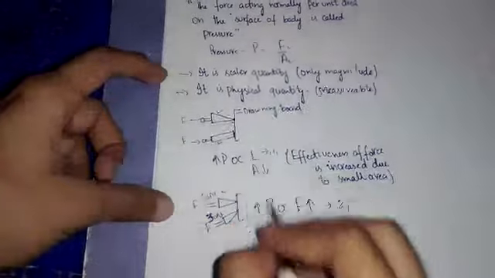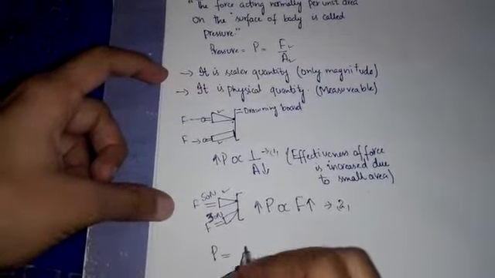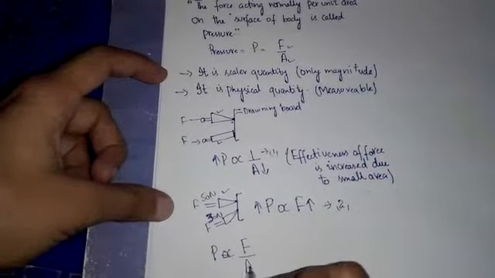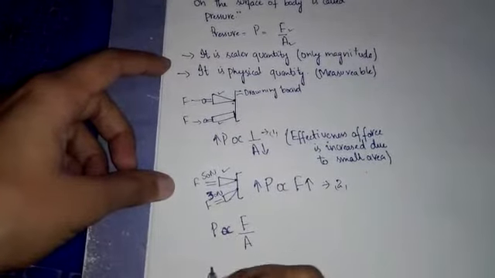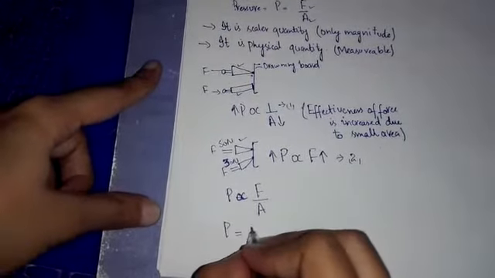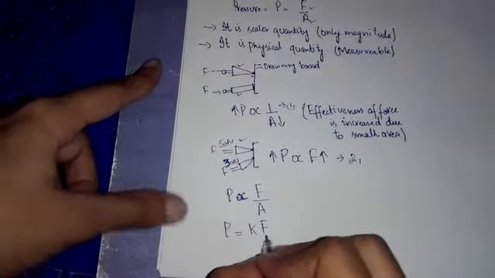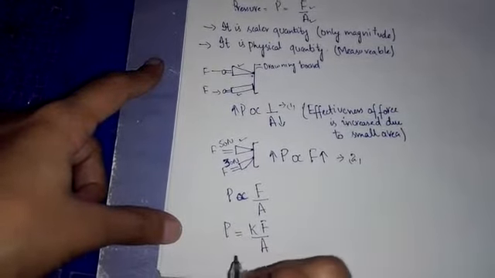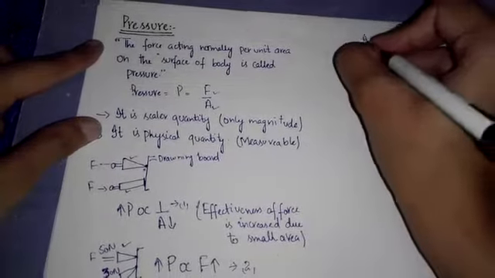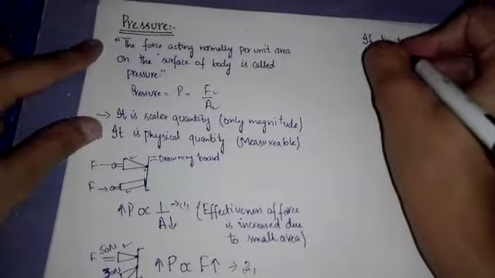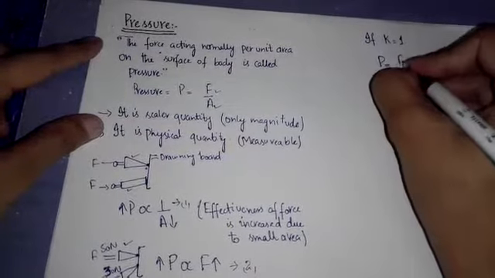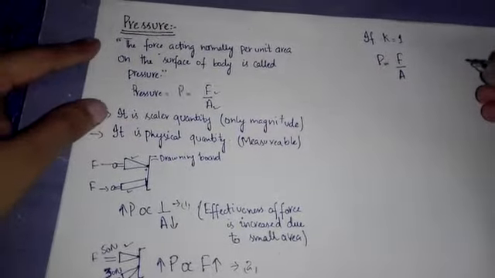If I want to combine these two equations, then I can write P is directly proportional to F over A. If I remove the proportionality sign, then I can write P is equal to K F over A. K is the proportionality constant, and if K is equal to 1, then P is equal to F over A, right?